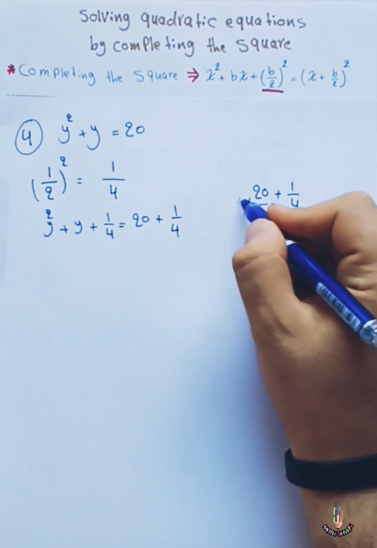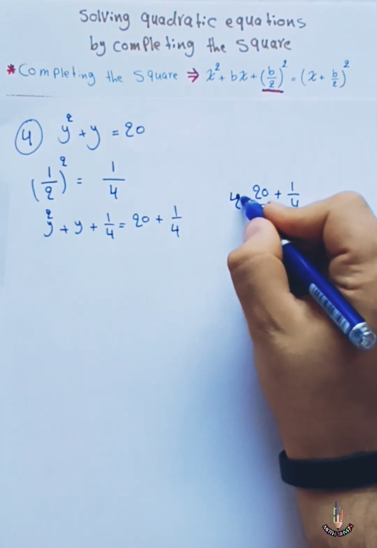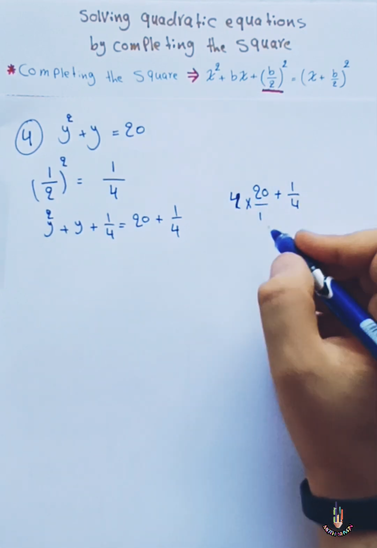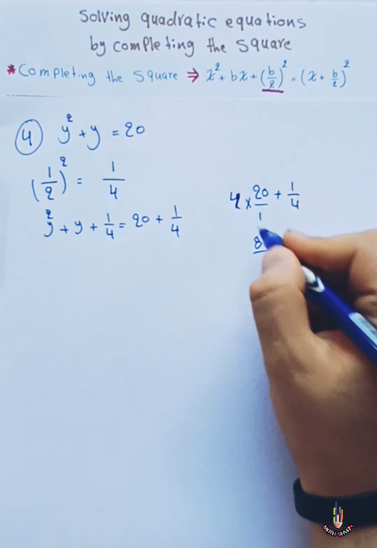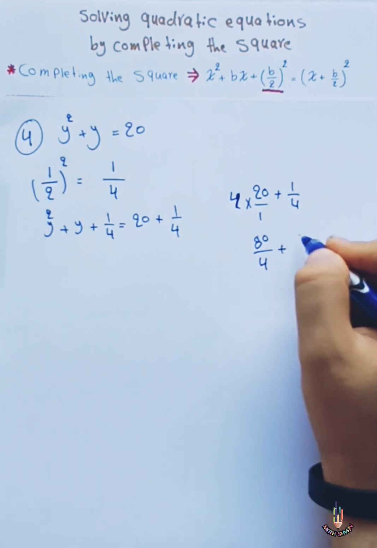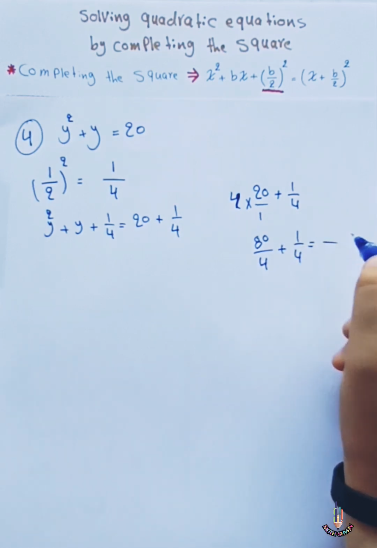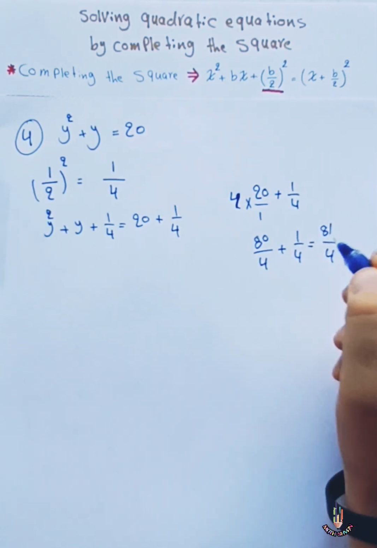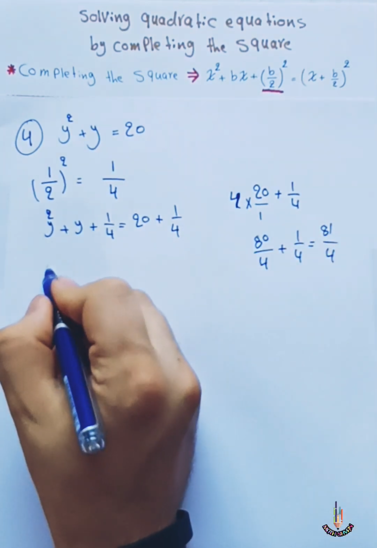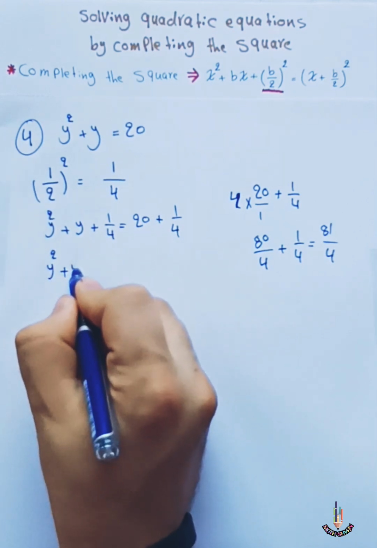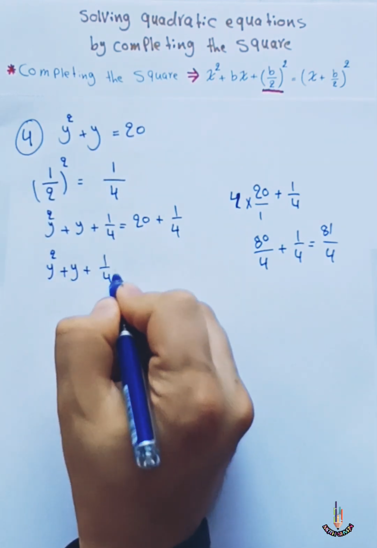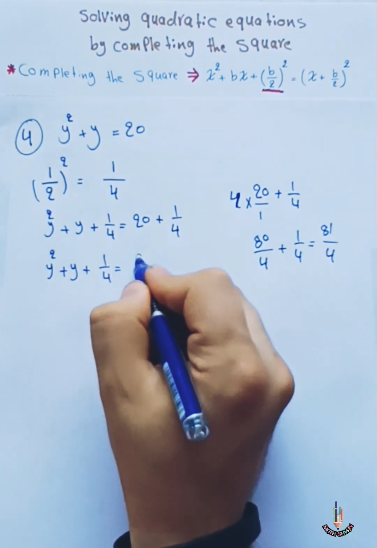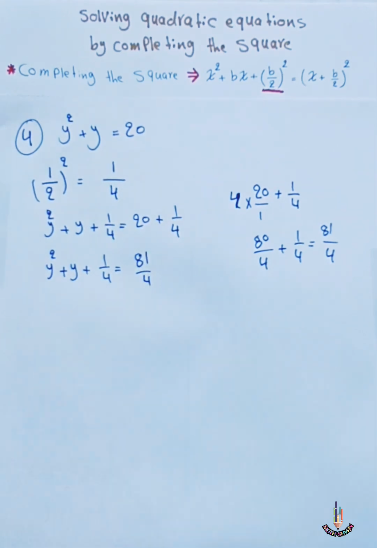We have to multiply this fraction by 4. 4 times 20 is 80. 4 times 1 is 4, plus 1 out of 4. Now we can add 80 plus 1 equal to 81 out of 4. So you have y squared plus y plus 1 out of 4 equal to 81 out of 4.